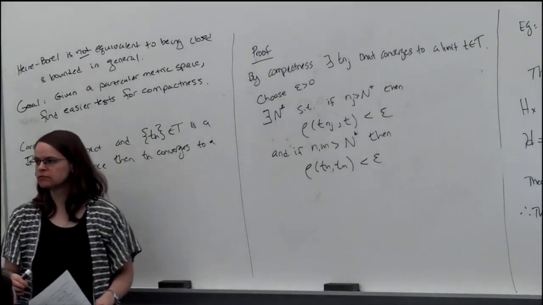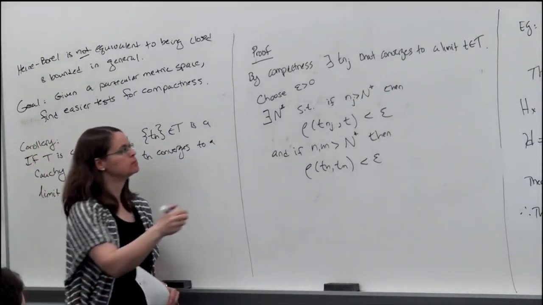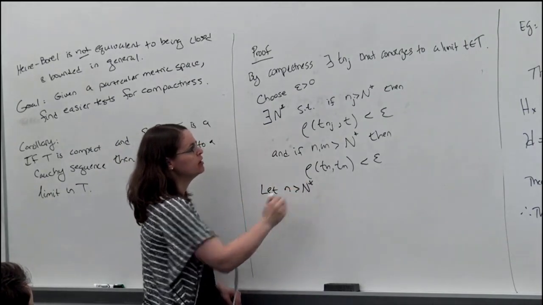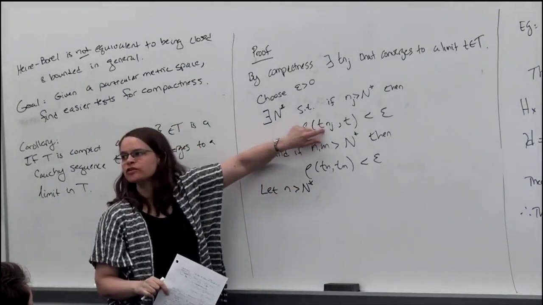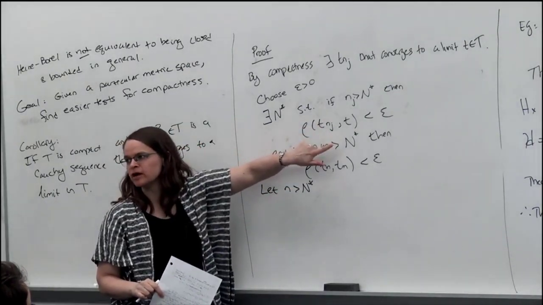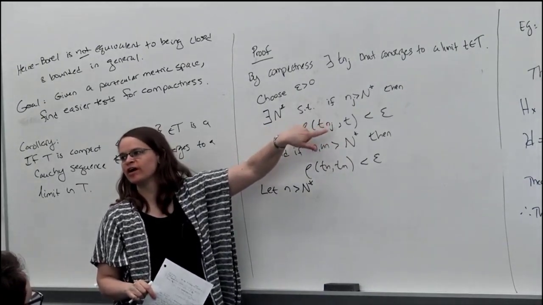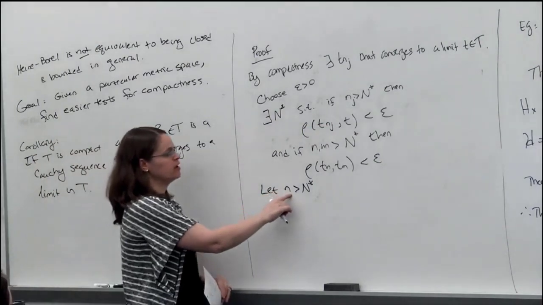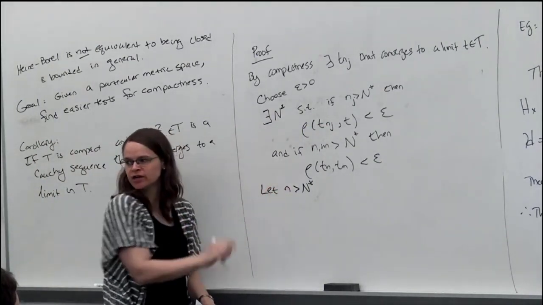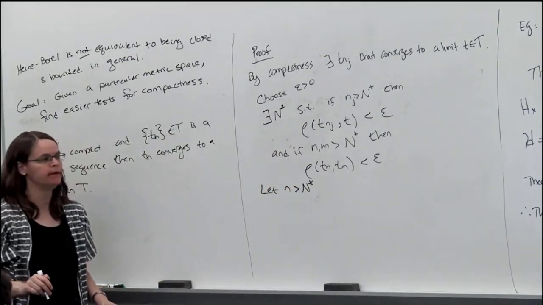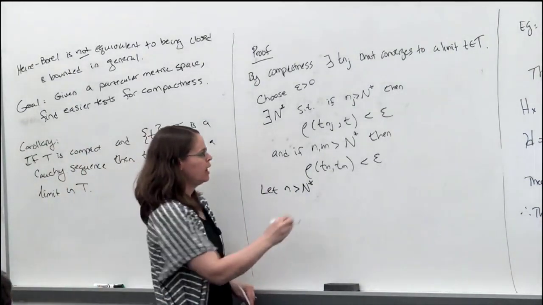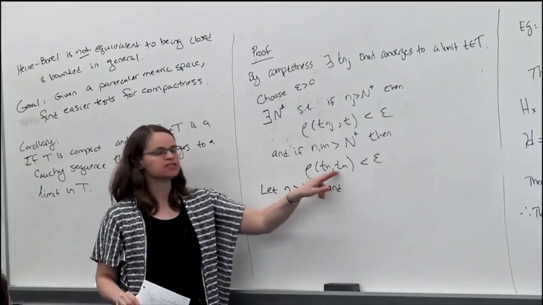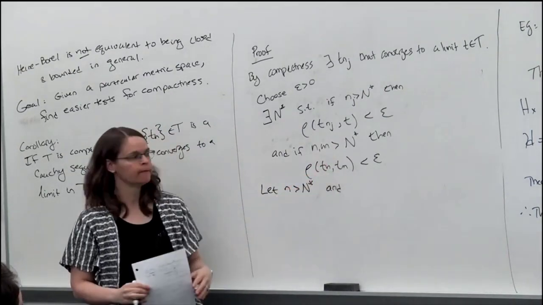Okay, so let's put this together. Let n be bigger than n star. I would like to show that this holds, but without the subscript. Not just that the points in my subsequence satisfy this, but everything satisfies this. So now I have something not in my subsequence, but I want to show that actually it gets close to the limit. How am I going to do that? I'm going to compare it to something that is in my subsequence.